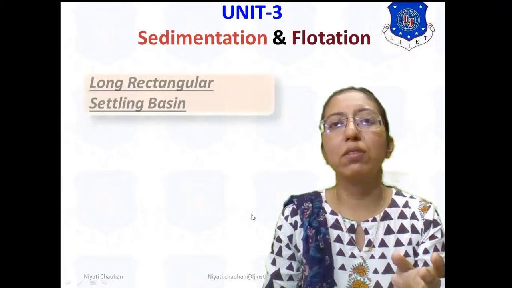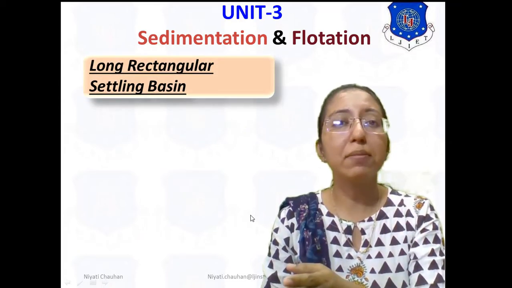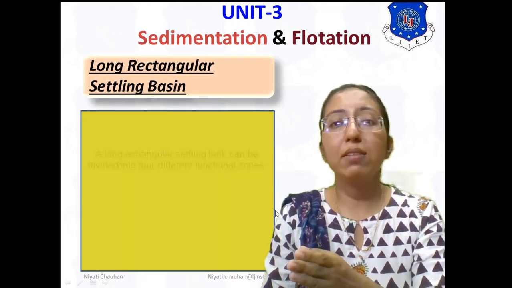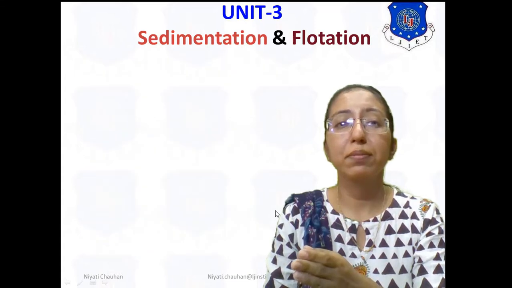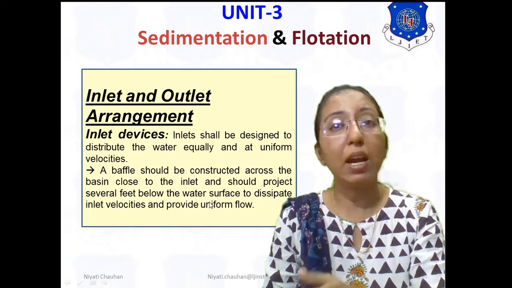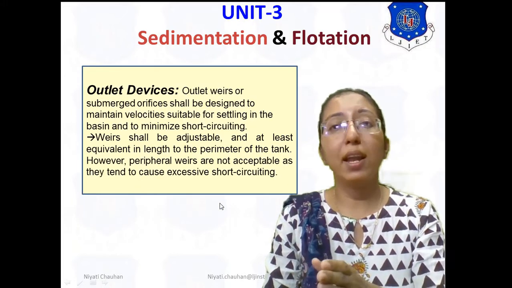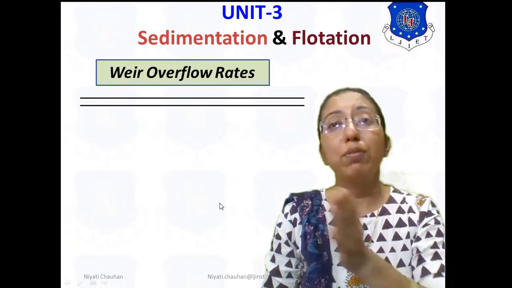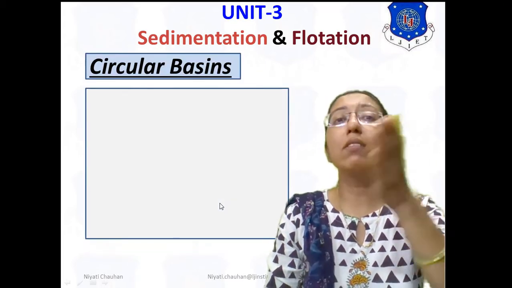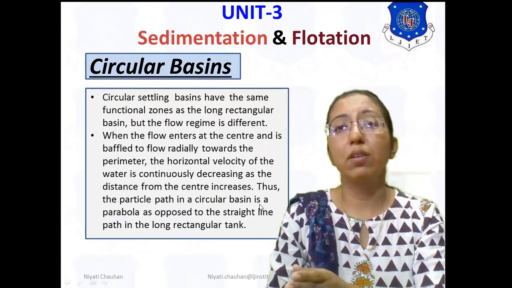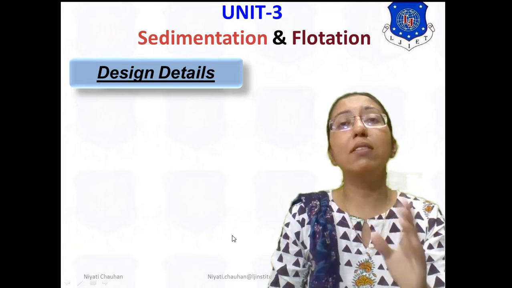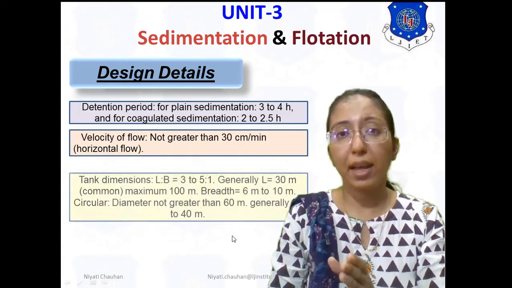We have discussed the long rectangular settling basin, then the circular settling basin, then the inlet and outlet arrangement, weir overflow rates, and circular basins. At last I have discussed the design details for the settling tank.